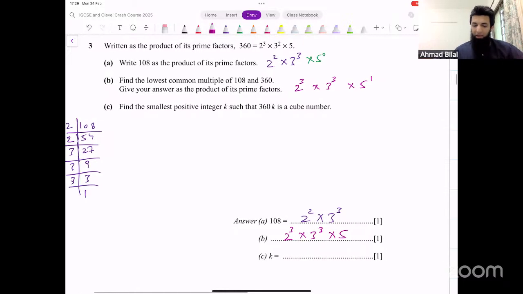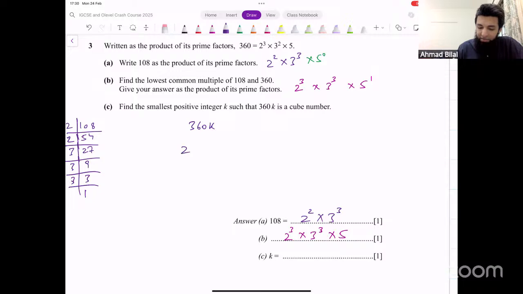Okay. Now they want us to find the smallest positive integer k such that 360 times k is a cube number. Okay, 360 times k should be a cube number. Now, what does that mean? 360 times k. What's 360? We know this is 360.